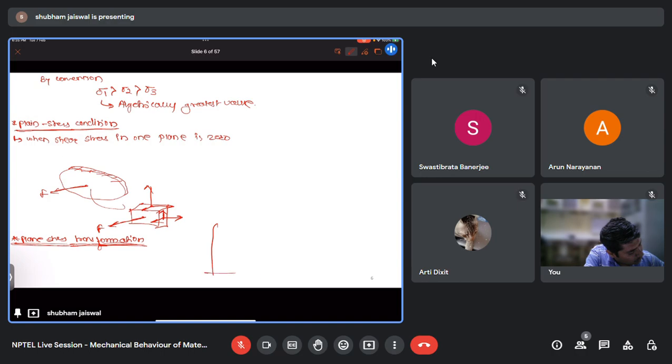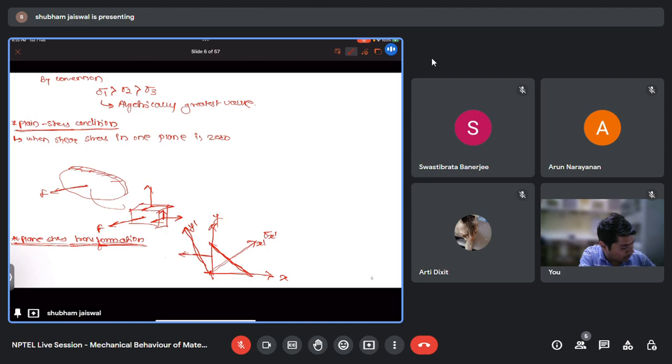So there we have considered a wedge shape like this. All of you have gone through the lectures, na? So this is the direction of action of the normal force, or sigma x prime. Let's consider this axis as x prime, and here we will have another axis, y prime.